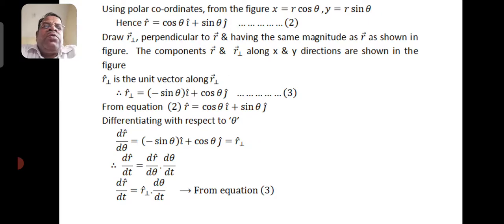Already I told you, r perpendicular is nothing but perpendicular to r, having the same magnitude as r, as shown in the figure.